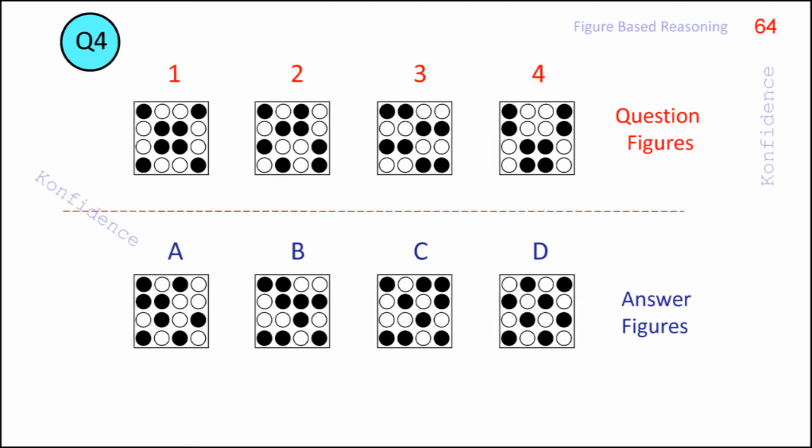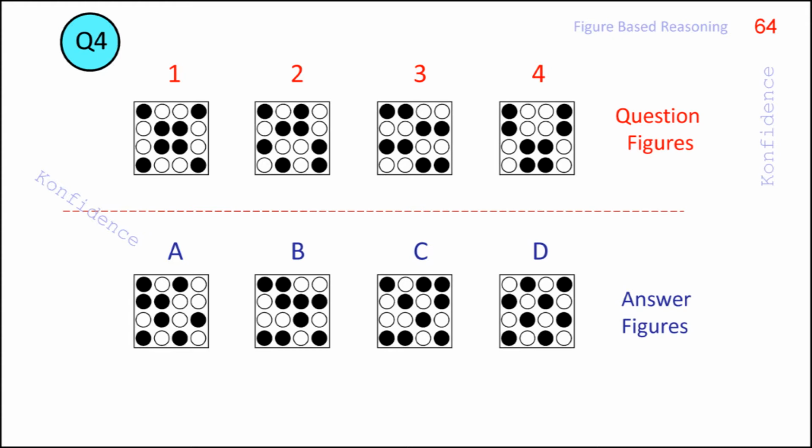Now look at the column. First is similar to the last, and second and third are similar. In short, we can see that there are two black circles in each row and each column. Similarly for second figure, for the third figure, and for the fourth one.